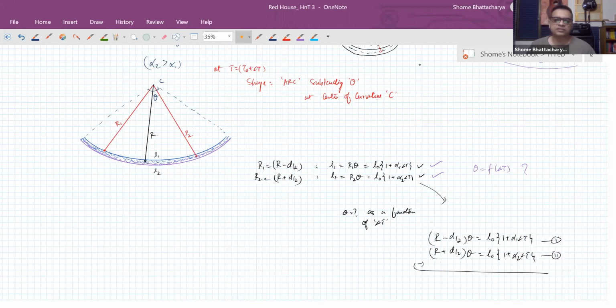Thickness is also increasable, but the thickness will increase by a very small amount, no? Because the increase in thickness will be the original thickness into alpha into delta t. So this itself is very, very small compared to L naught. So the increase in thickness is negligible compared to the increase in length.